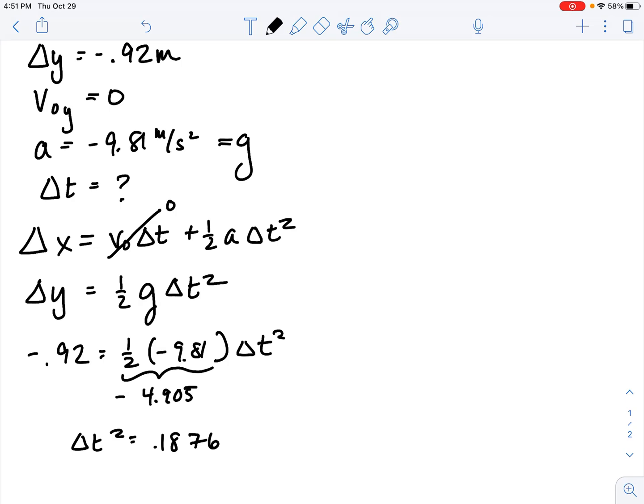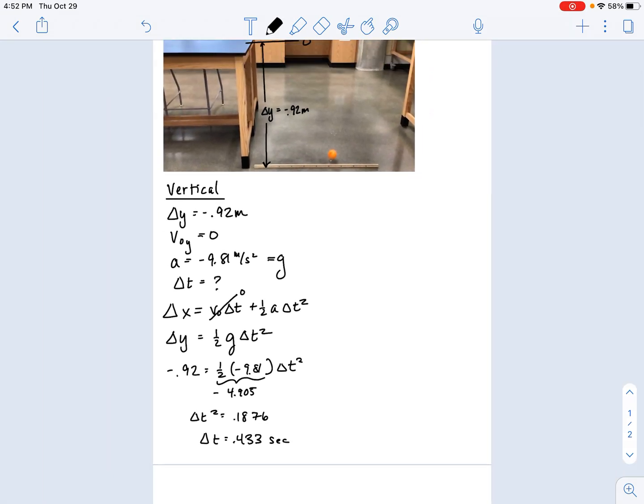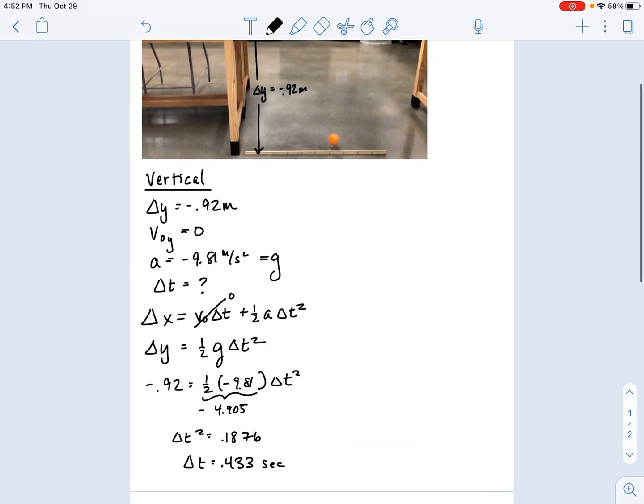And then I take the square root, and I get 0.433. All right, so I've got the time it takes the ball to fall the 0.92 meters.